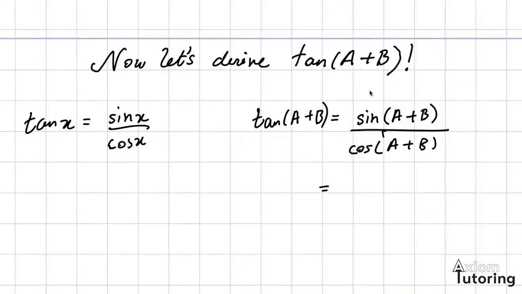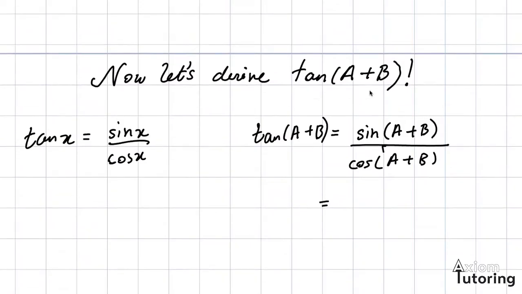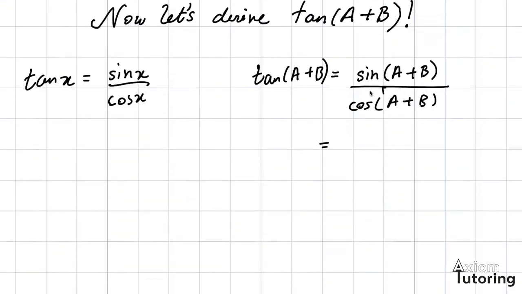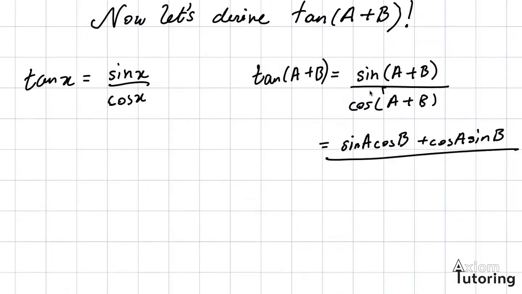So then if we substitute in the compound angle formulae for sine of a plus b and cos of a plus b, we can rewrite the right-hand side here as sine a cos b plus cos a sine b all over cos a cos b minus sine a sine b.